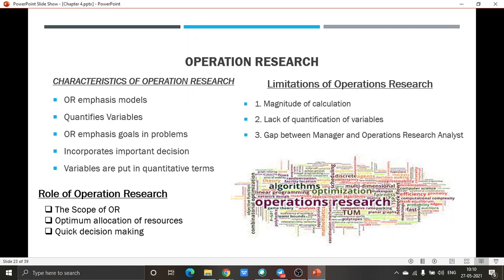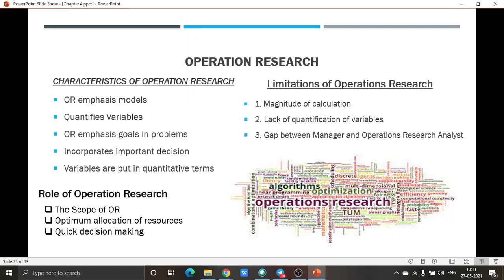But in spite of the above limitations, operation research techniques are gaining popularity in solving business problems. Even small organizations are going for a quantitative way of decision making with the passage of time, and this is likely to happen at a much faster pace.